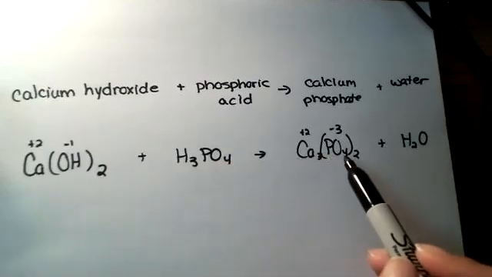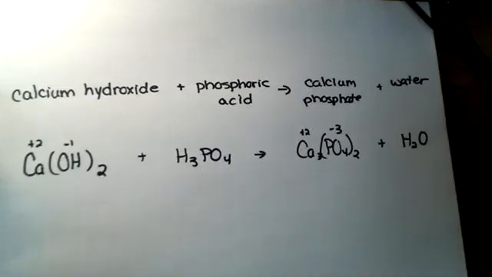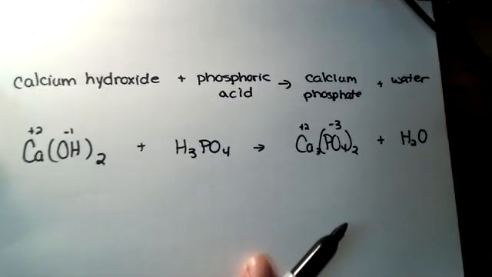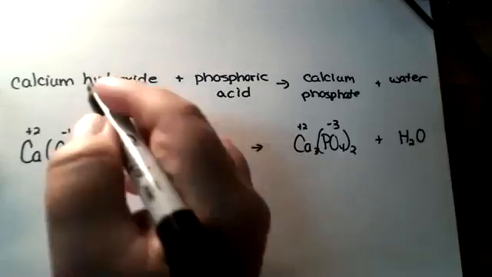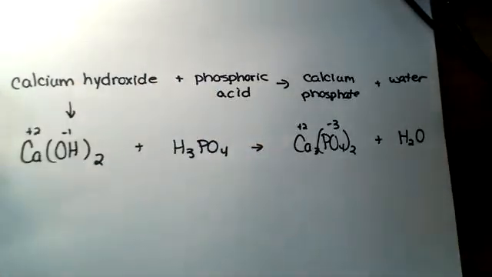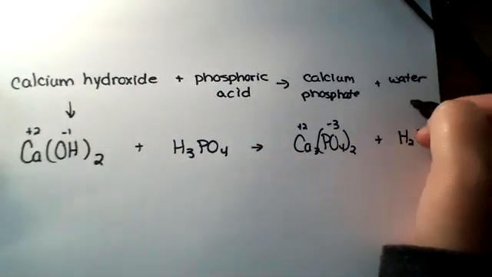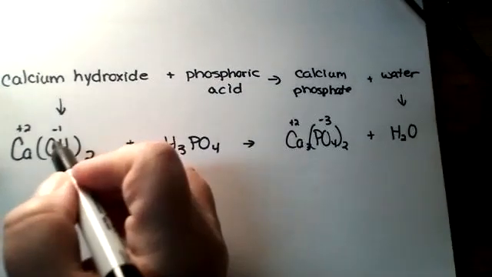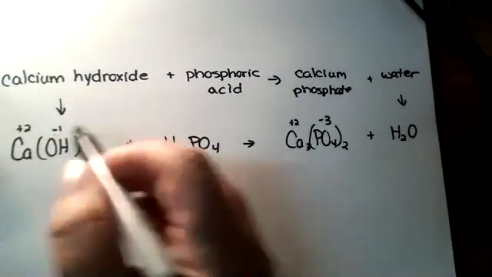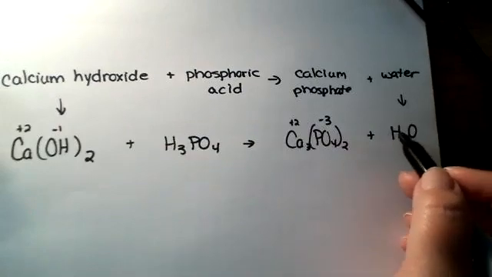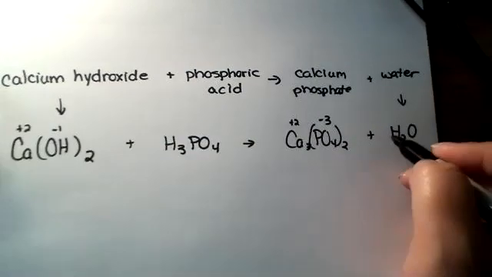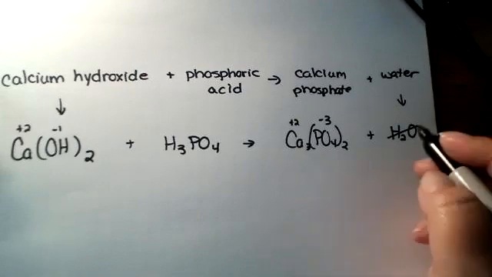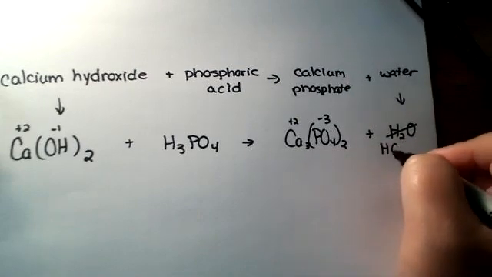Looking at this one, it kind of disguises itself, but I'm going to show you a little trick, okay? Do you see how this has a hydroxide on one side? On the other side, it has a water. A little trick that one of my chemistry teachers told me was, if you have a hydroxide on the reactants or products and water is on the opposite side, instead of writing water as H2O, write it as HOH.